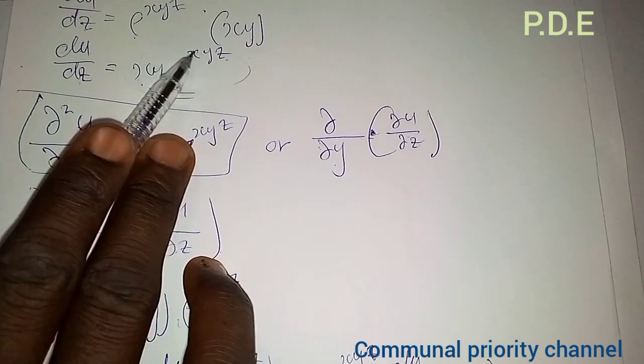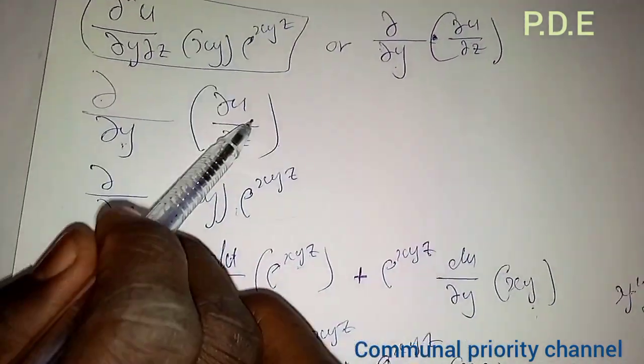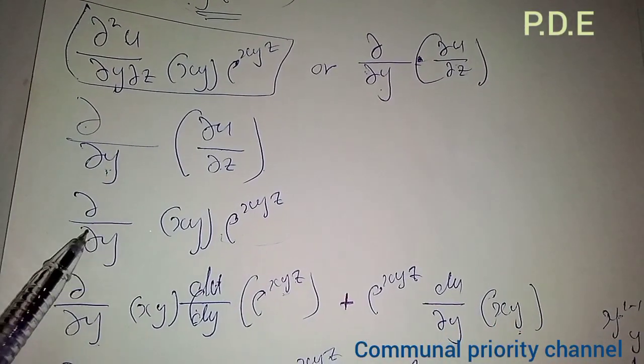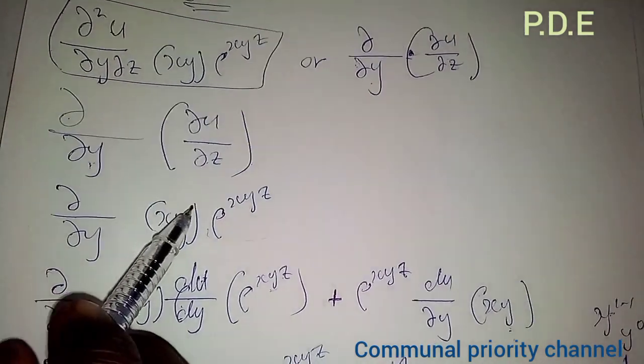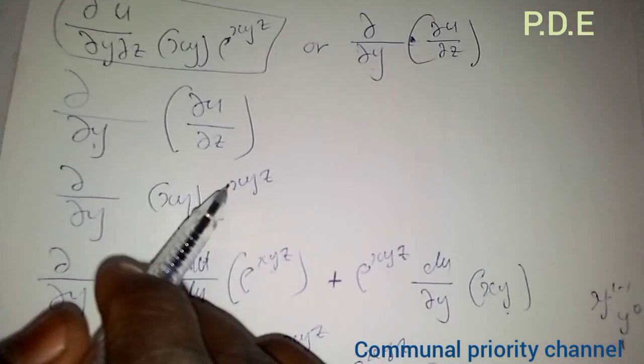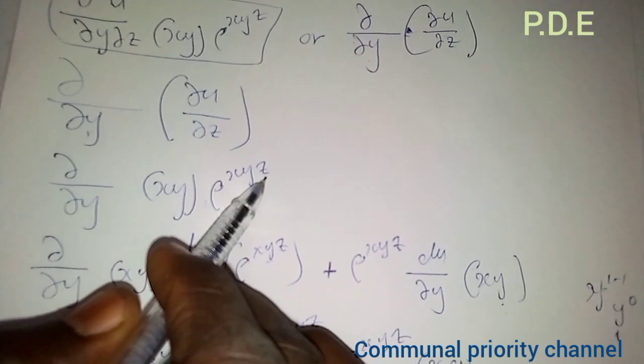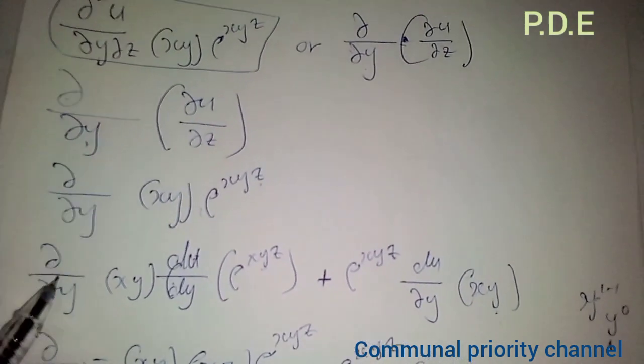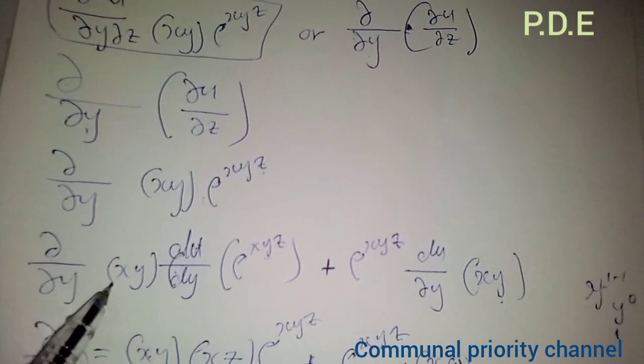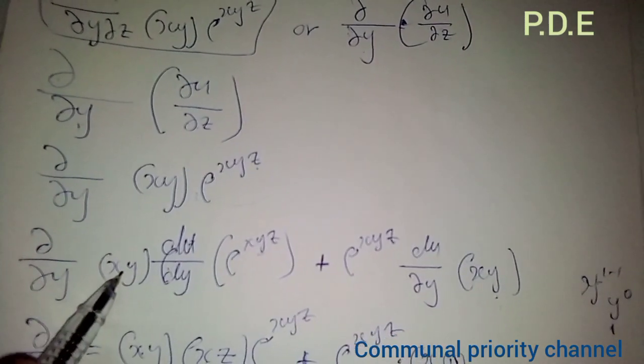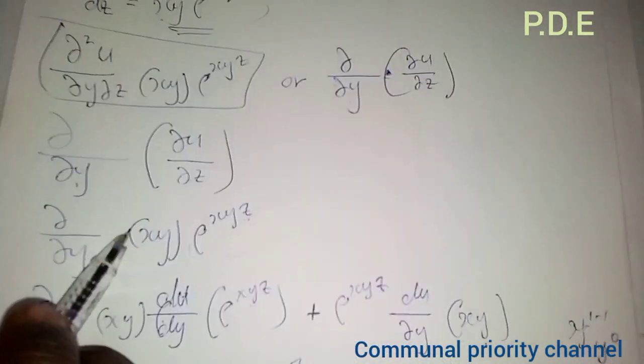Xy exponential xyz. So now if we differentiate this value, then this will be d over dy of xy to the power of what? Xyz, right? So therefore, now our del over del y will be equal to the differentiation of this, which will turn into the product rule.